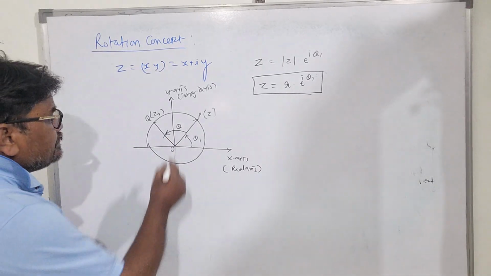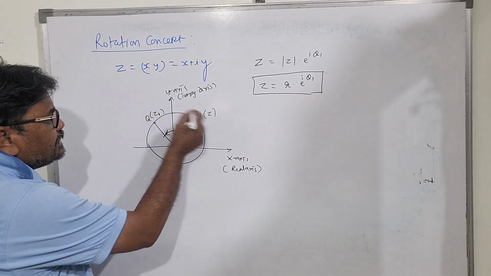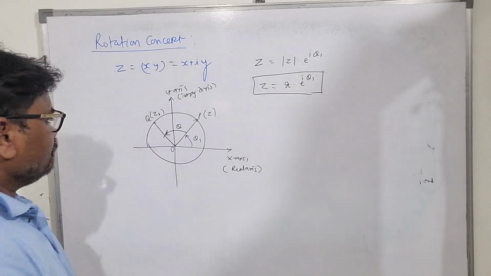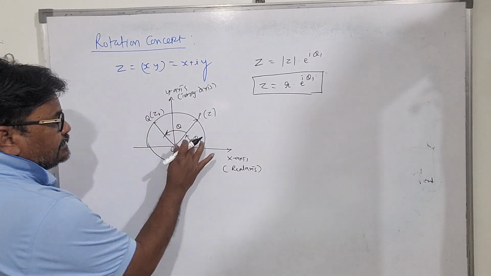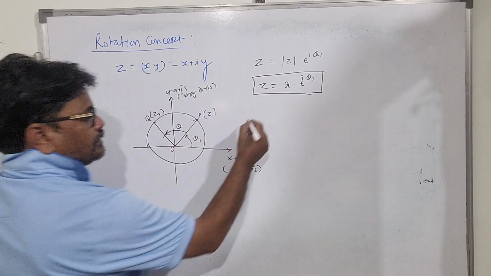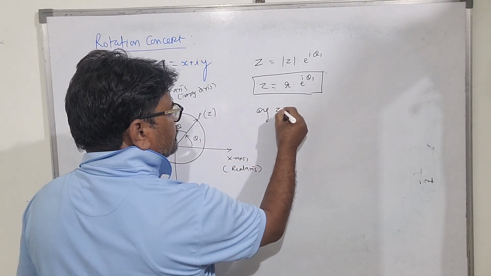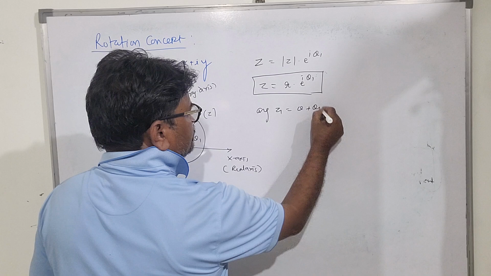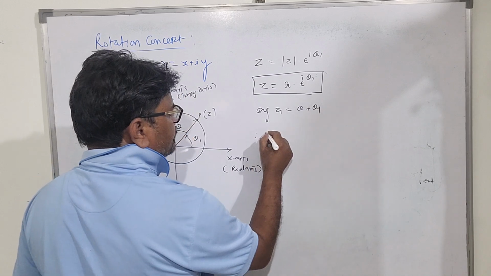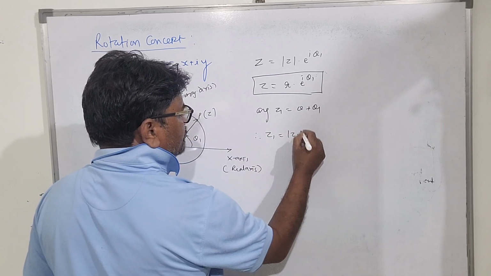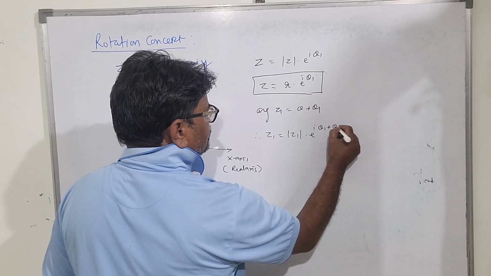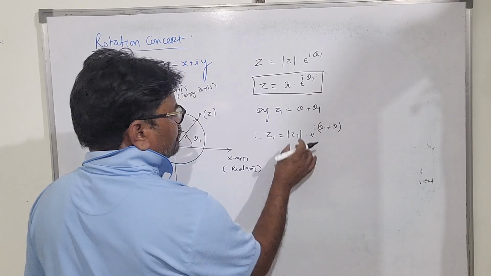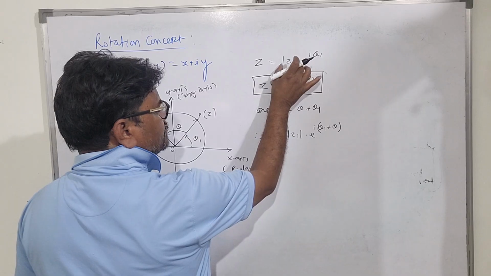Now see, the modulus of both the complex numbers Z and Z1 are the same, but the argument of Z1 is theta plus theta 1. So I can write Z1 as modulus of Z1 into e^(i(θ1+θ)) in Euler form. Modulus of Z1 is modulus of Z.